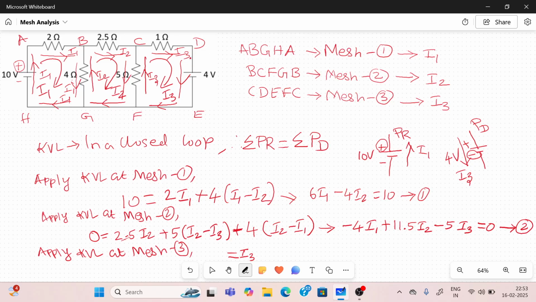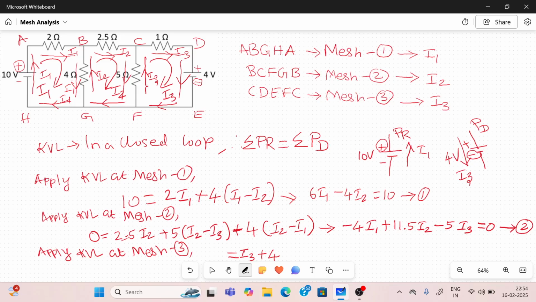Next, there is a voltage source. Current flows from the higher potential to the lower potential, which is nothing but a potential drop, so I put the 4 volts on the drop side. There is no element from F to E. Then F to C: the 5 ohm resistor carries both the currents I3 and I2.